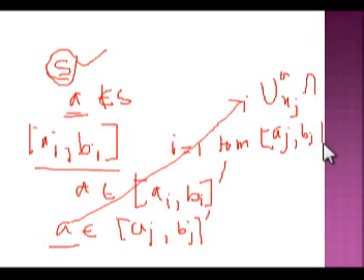Now, one point here, and the intersection is null. This is our assumption. So now the intersection is null, so A is a limit point.